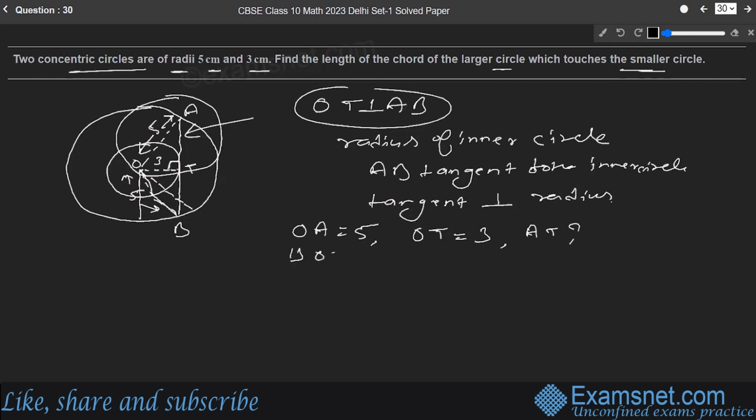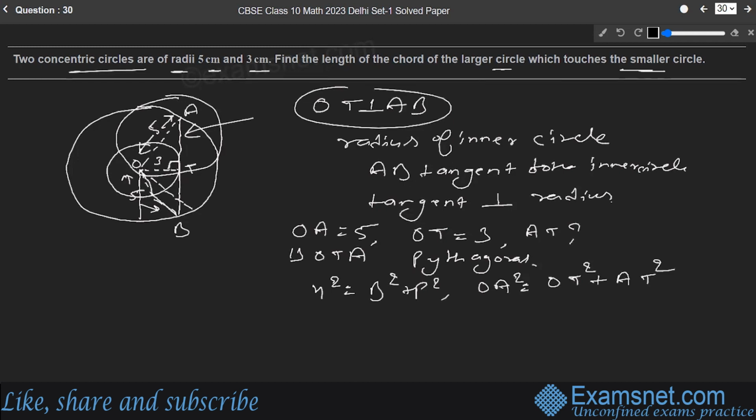So in triangle OTA, which is the right triangle, we can apply the Pythagoras theorem, which says hypotenuse square is equal to base square plus perpendicular square. Hypotenuse square here is OA square, base square is OT square and perpendicular square is AT square.